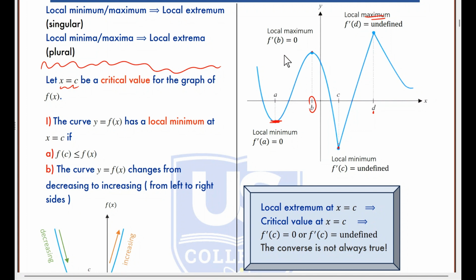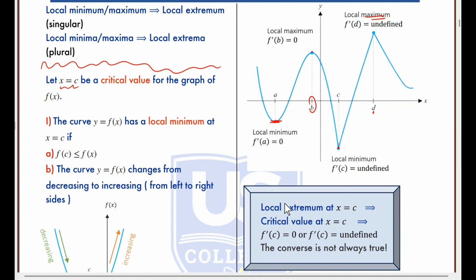Okay, so as a note, whenever there is a local extremum at a point, then there has to be a critical value at the same point. You know the conditions of having a critical value, whether the derivative is 0 or undefined. But the converse is not always true. You cannot say if there's a critical value, then there is an extremum.